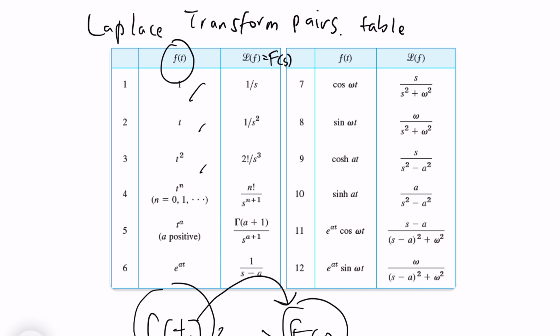You basically just match it exactly to the function in the table. Step three, you can use the linearity rule to break it into smaller parts so that you can compare, or substitute into the formula. You can write down the Laplace transform of each part using the terms in the table. And step four, we combine all parts if needed. If you are given multiple terms, then you can add them together.